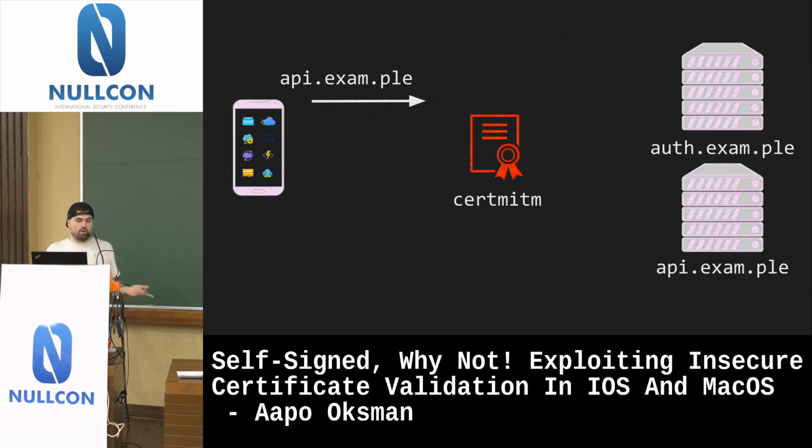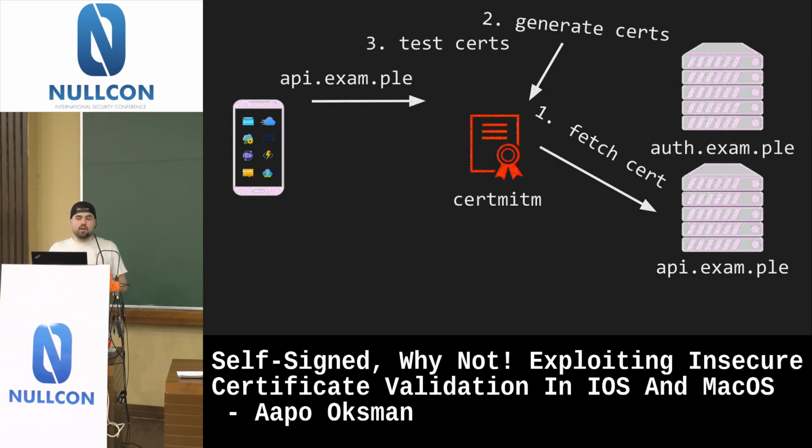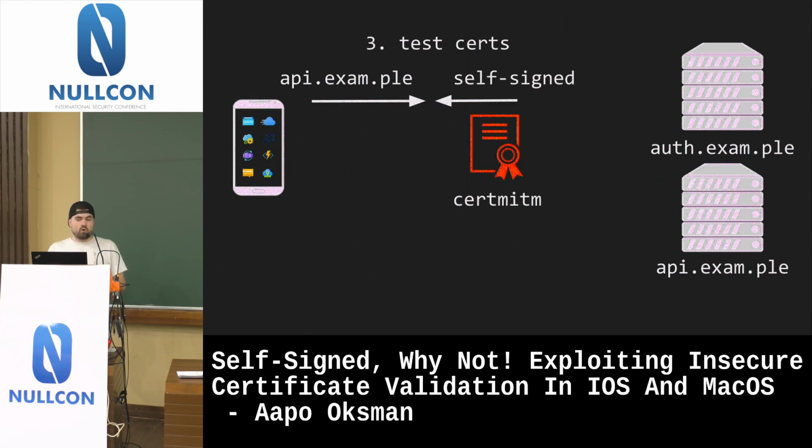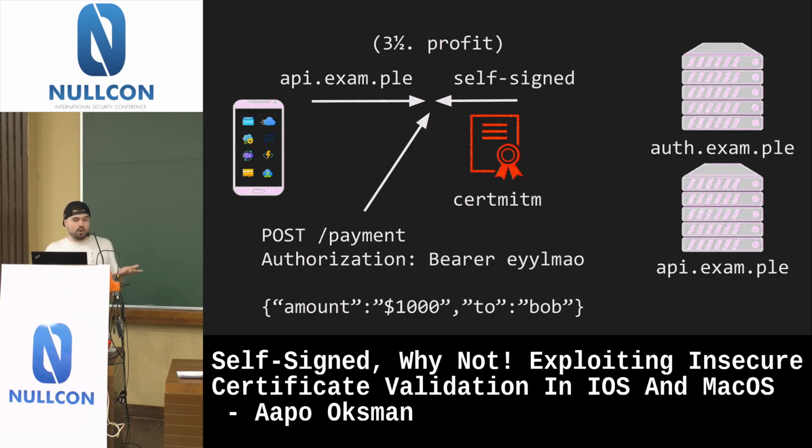So, for example, it might then connect to API example. And then we do the same thing, try to offer a generated self-signed certificate. And what do you know, we get a connection accepted, and it tries to post some payment information. And here we can see an authorization token.